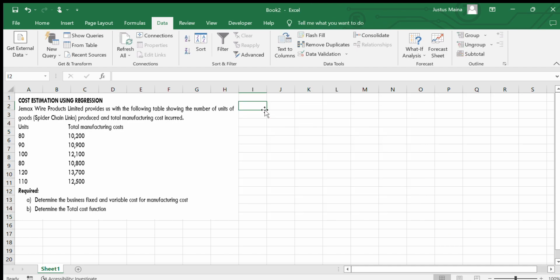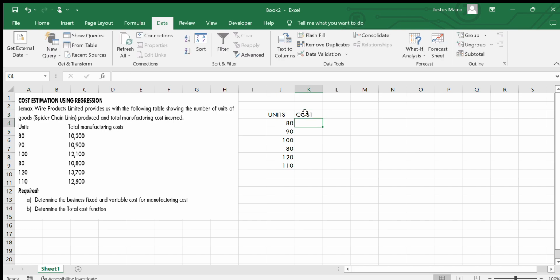So back to our question. We have been given the units and the total manufacturing costs. The units are 80, 90, 100, 80, and 120. And then the other one is the total manufacturing cost.